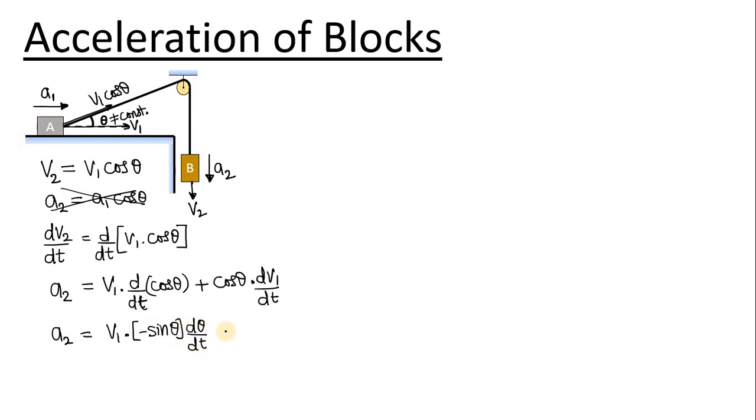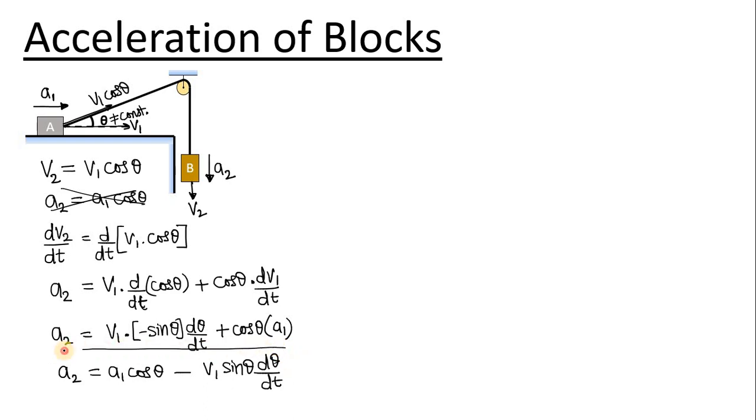This is the chain rule. Plus cos theta into dv1 by dt, which is nothing but acceleration a1, the rate of change of velocity v1. Finally, we get that acceleration a2 is equal to a1 cos theta, exchanging the terms, minus v1 into sin theta into d theta by dt.